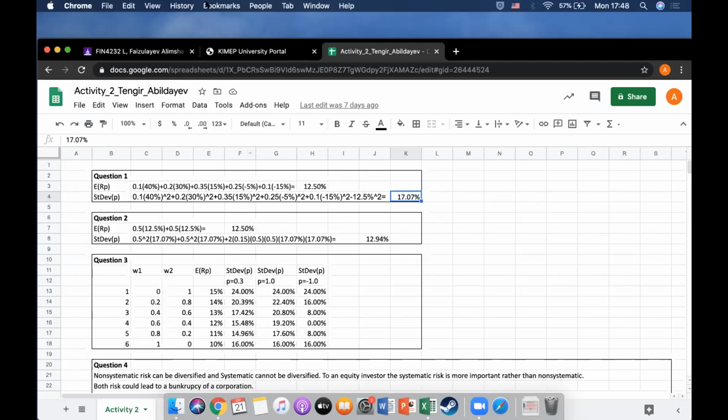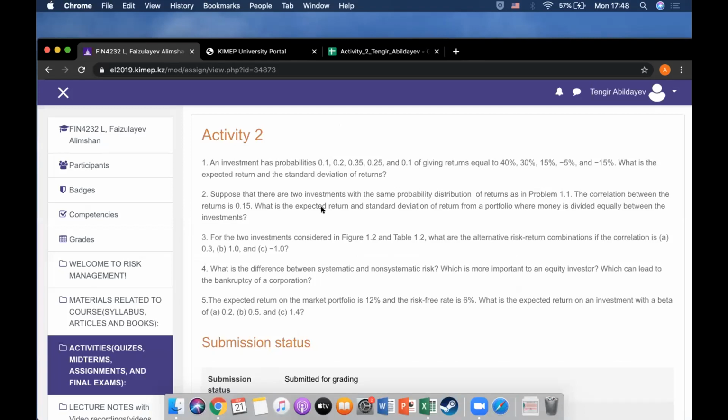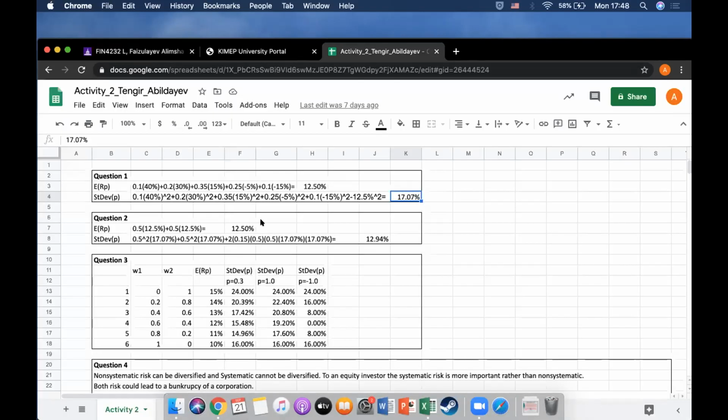We also have a correlation between the returns of 0.15. So we add it and multiply it by the equal weights and by the standard deviation, and we get 12.94%. So yeah, something like that.